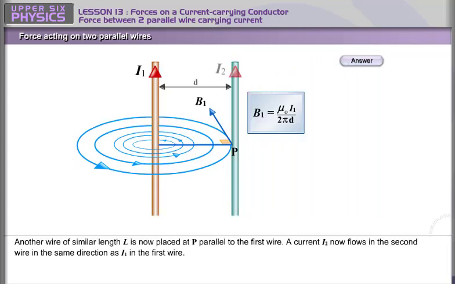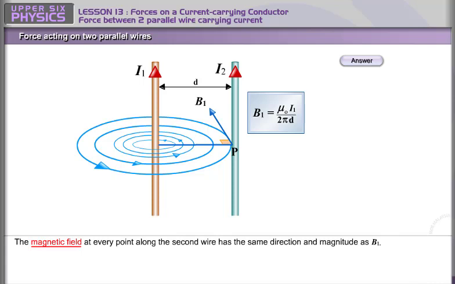Another wire of similar length L is now placed at P parallel to the first wire. A current I2 now flows in the second wire in the same direction as I1 in the first wire. The magnetic field at every point along the second wire has the same direction and magnitude as B1.